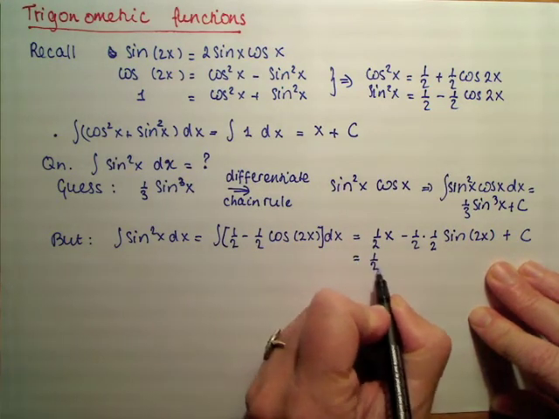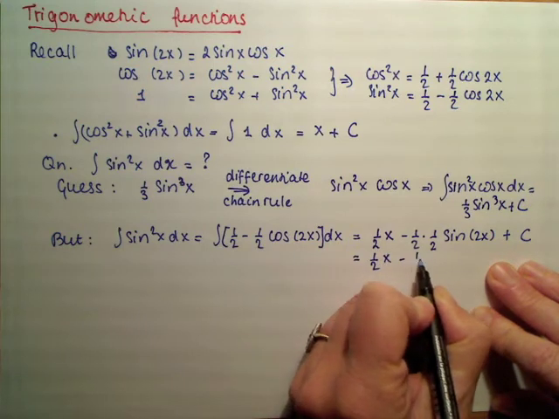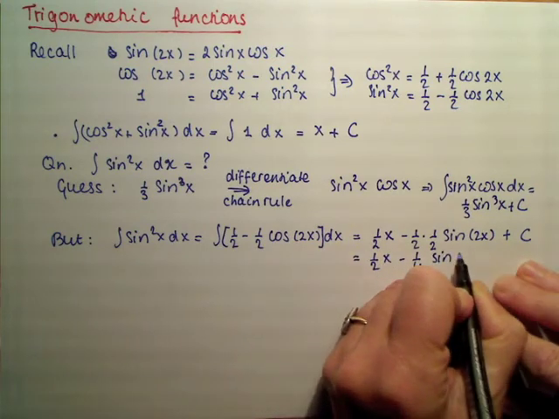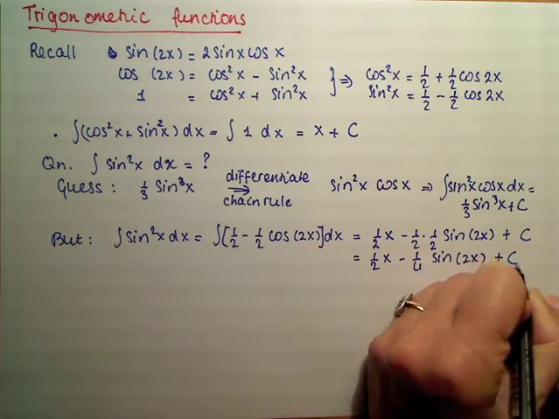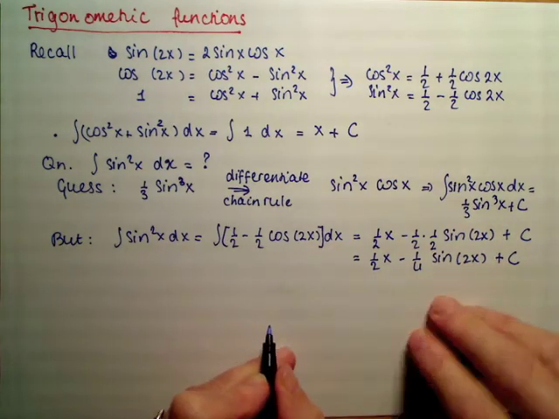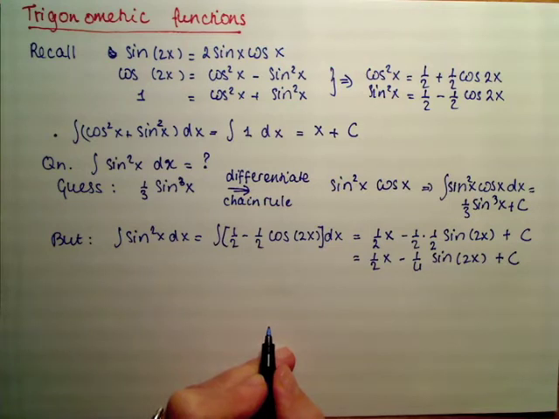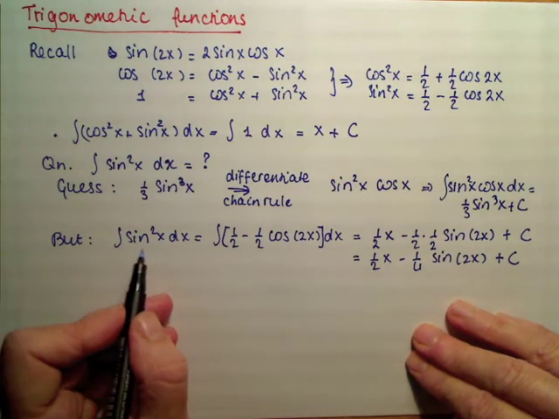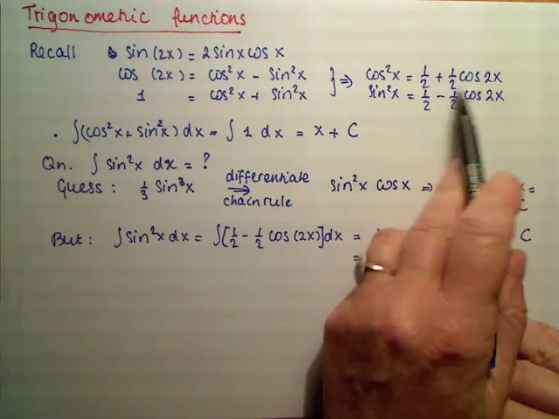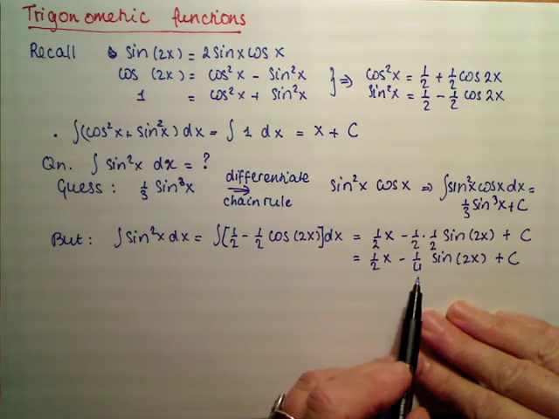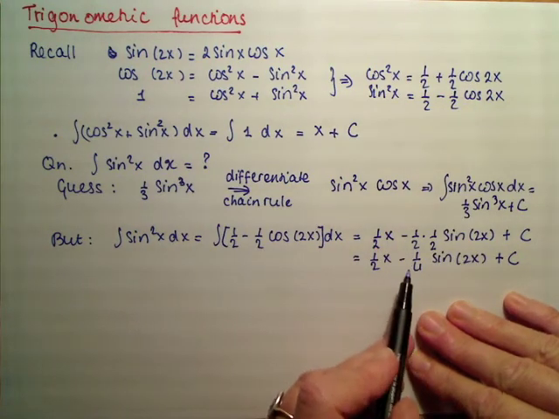And summarizing, this yields 1/2 x minus 1/4 times sine of 2x plus an arbitrary constant. Okay, of course the primitive of cosine of x squared can be calculated in a similar manner. We have to replace minus signs here by plus signs.